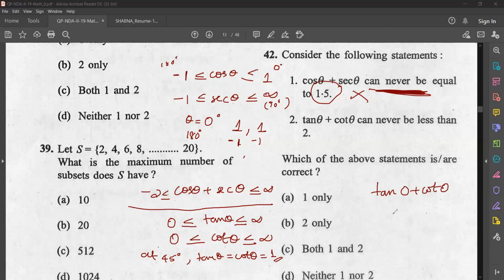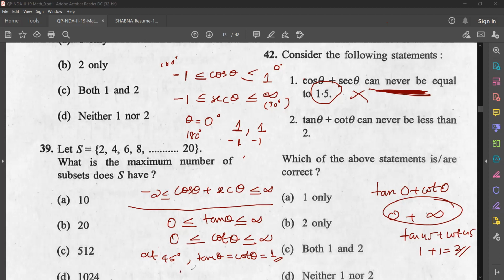Tan 0 is 0, and cot 0 is 1 by 0, infinity. So that is obviously a greater value, isn't it? What about tan 45 plus cot 45? 1 plus 1, that is 2. So the minimum value of tan theta plus cot theta is 2. That means it cannot be less than 2. So tan theta plus cot theta will always be greater than or equal to 2, which is less than infinity.